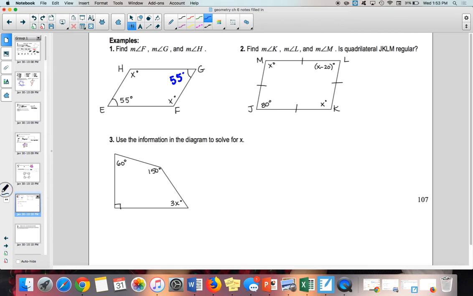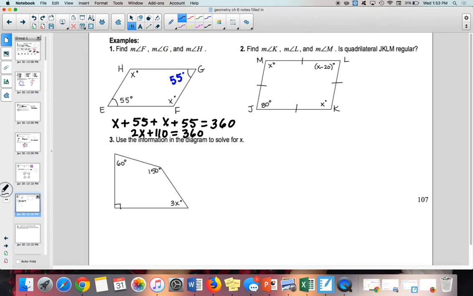Yeah, Cam? 2x plus, what I think is 105. 110. 110 equals 180. Oh, close. 360. Okay, so we can do x plus 55 plus x plus 55 equals 360. As Cam was saying, that ends up being 2x plus 110 equals 360. And we can solve it from there.